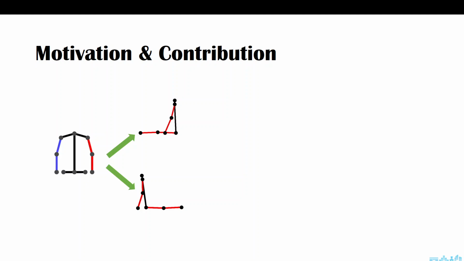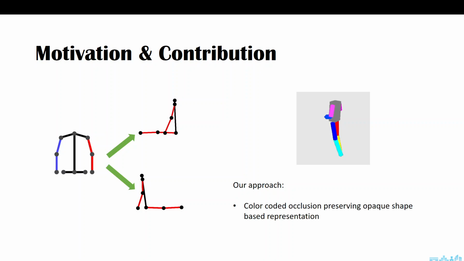This drives us to explore an occlusion-preserving representation. We color code such representation and call it an abstract image. We also introduce a novel viewpoint encoding scheme to locate camera position relative to the subject accurately.